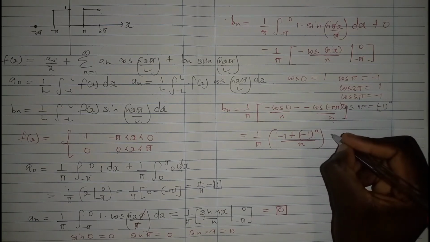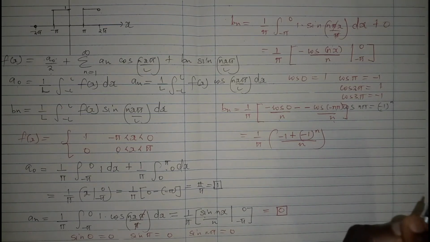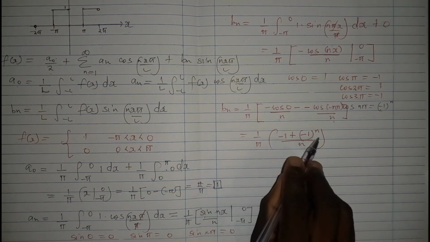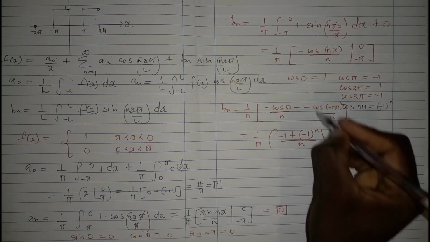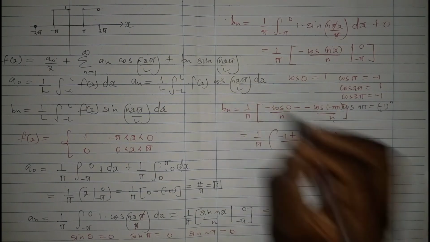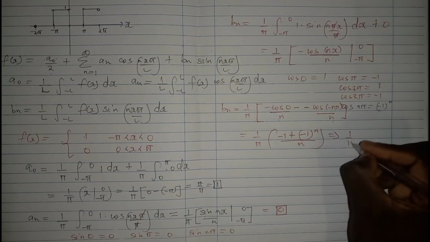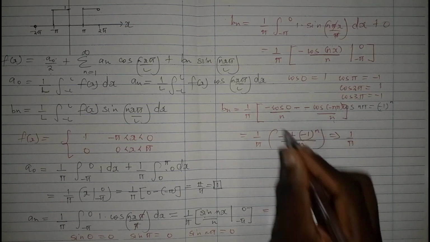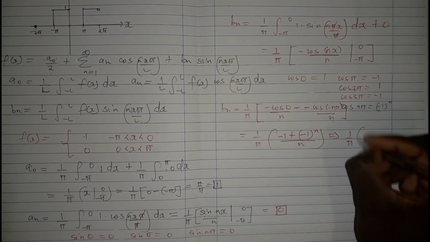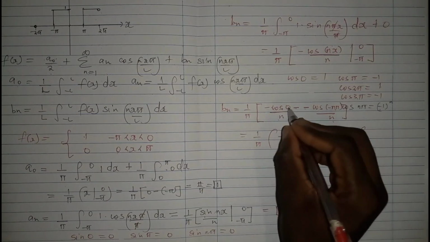Okay, so now what is going to be the answer here? Some of you, if you don't know how to deal with this negative 1, you can just leave it there. So 1 over pi, and I'm going to have positive and positive here, and this one is going to give us 1. So I'm going to write it as cos 0, which is 1.